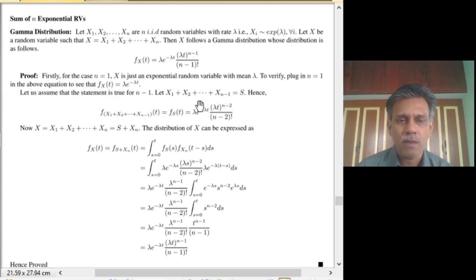So this would be the formula for the density function of the sum of n minus 1 IID exponential random variables with a common parameter lambda.